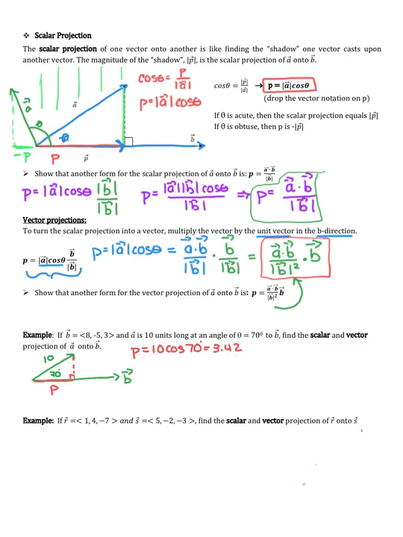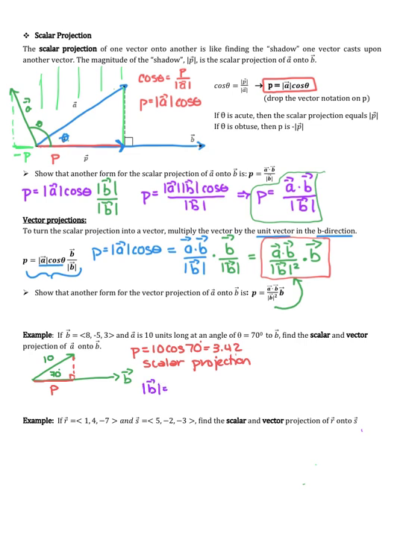That's all you have for your scalar projection, if you're given the magnitude and the theta. To turn it into a vector projection, I'm going to multiply that 3.42 by a unit vector of b. So let's first find, we're going to need the magnitude of b.